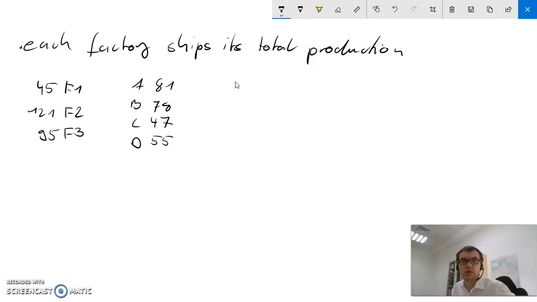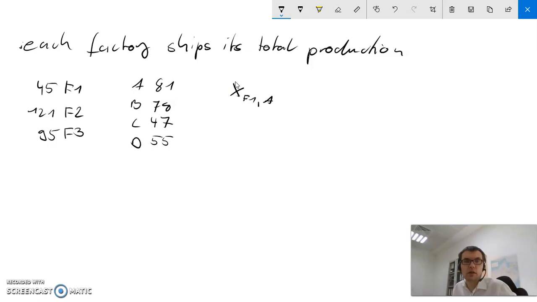Then this constraint that each factory ships its total production has been modeled as follows. We had our decision variables. First I model that we want to ship everything that is produced in factory F1.